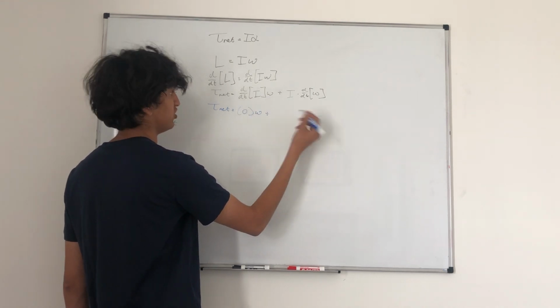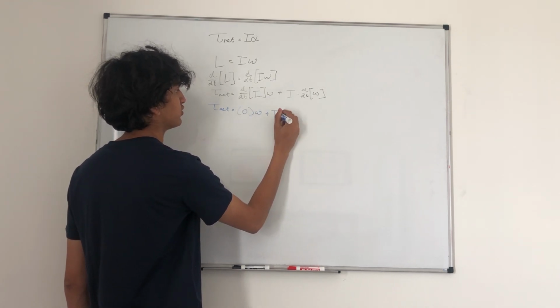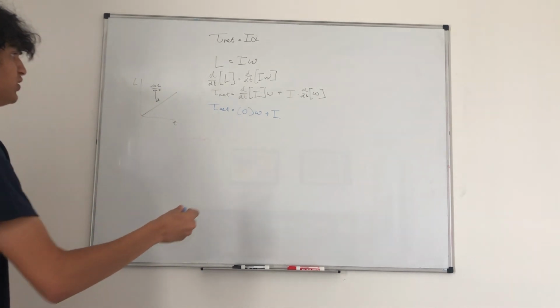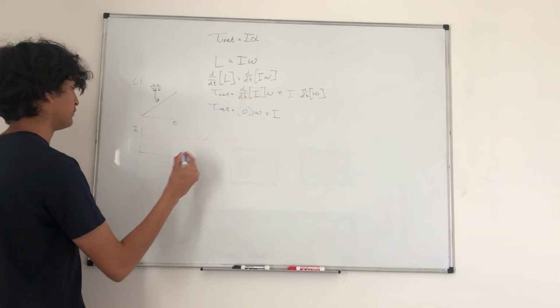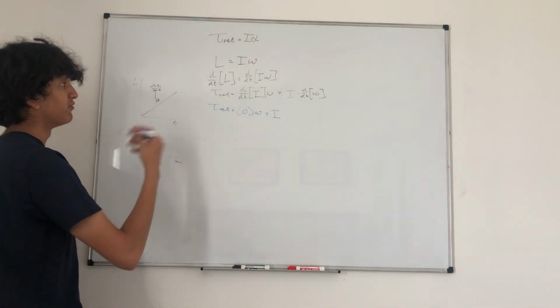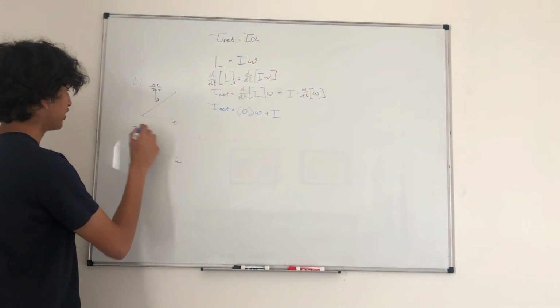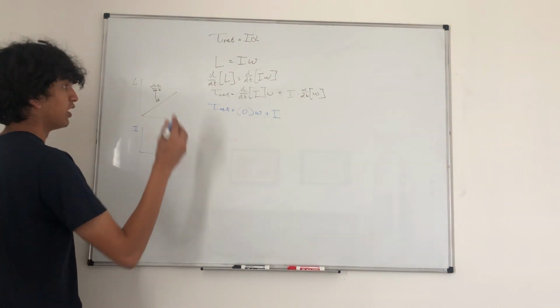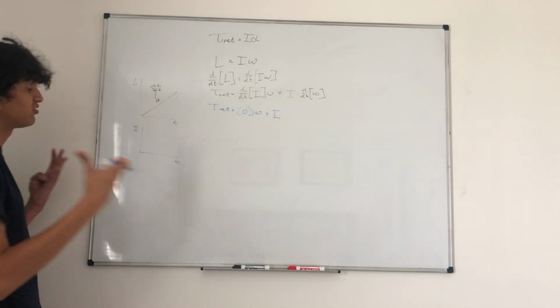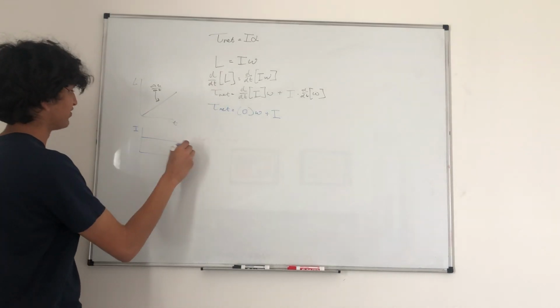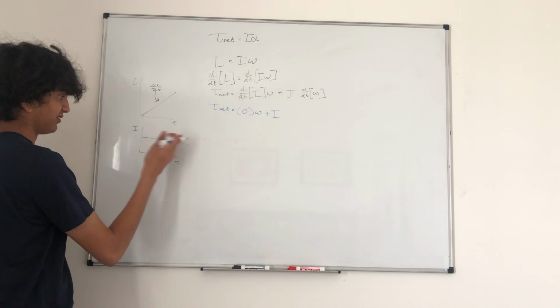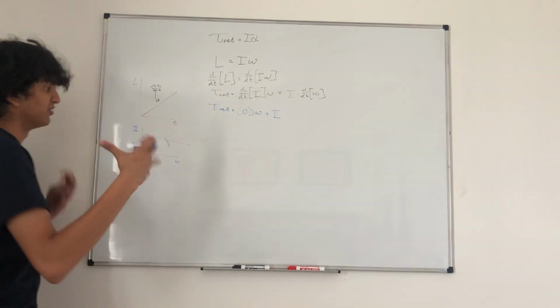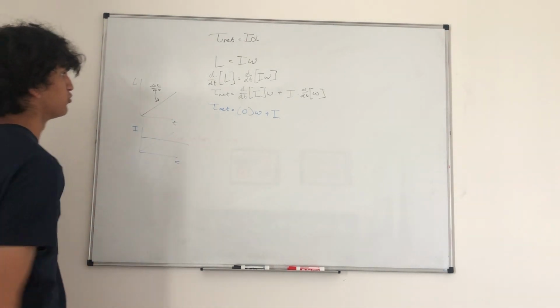There's no change in rotational inertia. Remember, for people not in calculus or who haven't learned it yet, if I graph inertia versus time, the derivative with respect to time just means the slope. If the slope is zero, it's just a constant rotational inertia. If it's not zero, then it's going to get bigger over time or whatever.